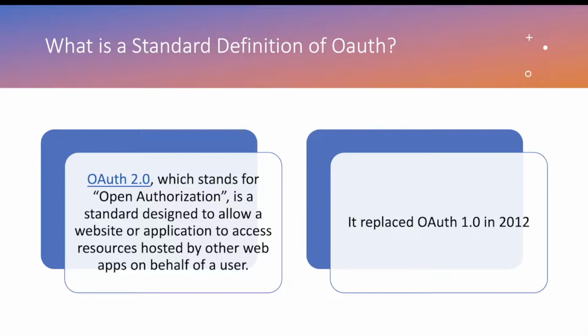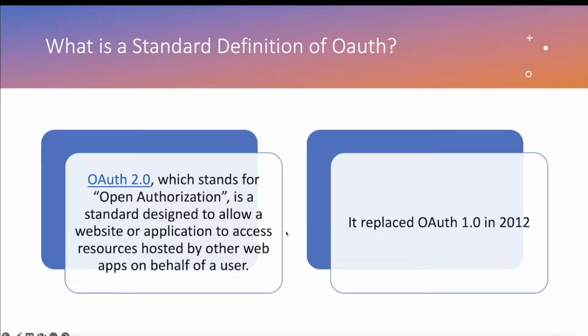So basically we can use OAuth if any third party application, for example, a Java application, wants to get resources from Salesforce or access data residing in Salesforce, then we can make use of OAuth to get data from Salesforce and show it on the third party application. OAuth 1.0 got replaced by OAuth 2.0 in 2012.